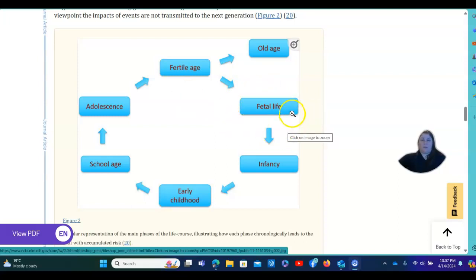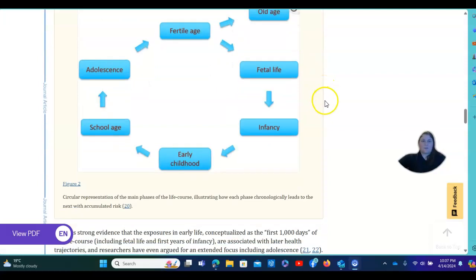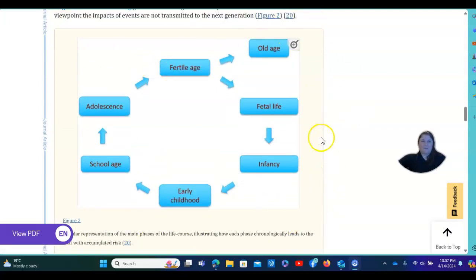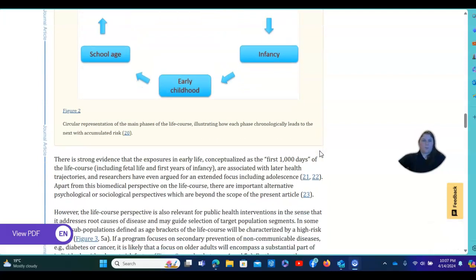When a fetus is developing, they are at risk for genetic anomalies from exposures. Infancy has a different set of risks, early childhood as well, and so forth. And then old age, as I mentioned earlier, does as well. So these are the main phases of the life course, and each phase that you're looking at has different factors that you would want to focus on that would be part of a health education curriculum or a health program.